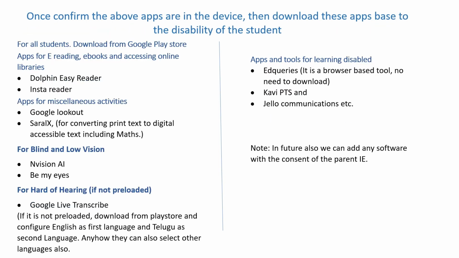Dolphin Easy Reader and Insta Reader help children with special needs or a normal person to read e-books. Especially with Dolphin Easy Reader, blind children will be able to go to the Bookshare online library and download all the reading materials, textbooks, etc.